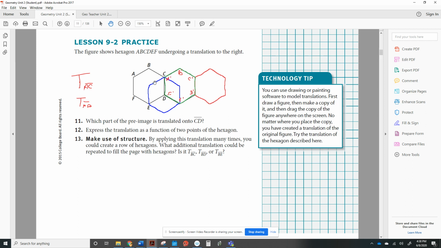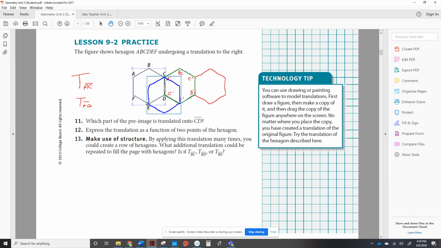I still have a hexagon there, but this hexagon is overlapping the other hexagons, and now I see squares everywhere. So yes, that might fill the page, but I've got overlap, and they didn't give me permission to overlap. So each hexagon needs to not have any shared points with any other hexagon. So I would say no on that one. So let's move this back.